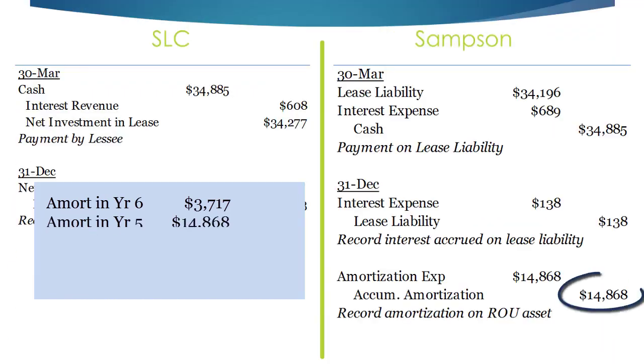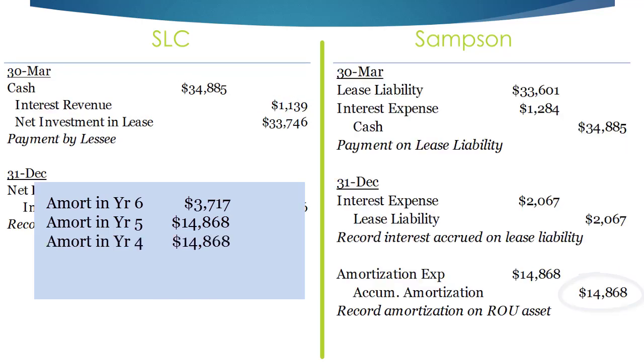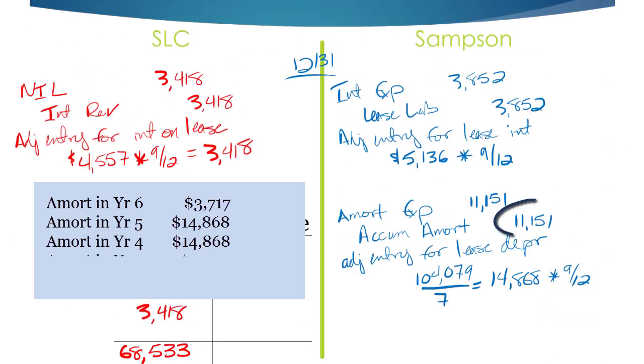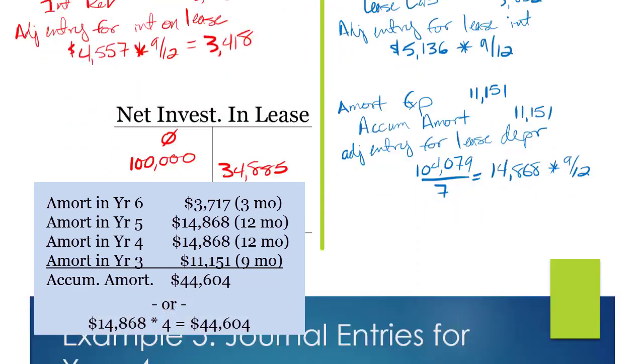I've got 14,868 here in year 5. I've got 14,868 in year 4. I've got 11,151 back in year 3. So essentially, I've got 3 full years of amortization. 9 months, 12 months, 12 months, 3 months of amortization. And that comes out to a total, if you add all those up, of 44,604.